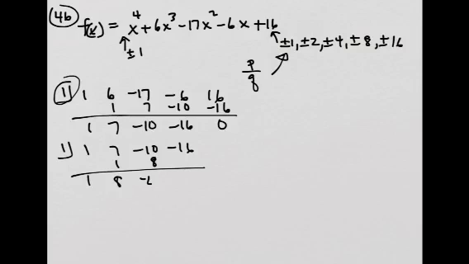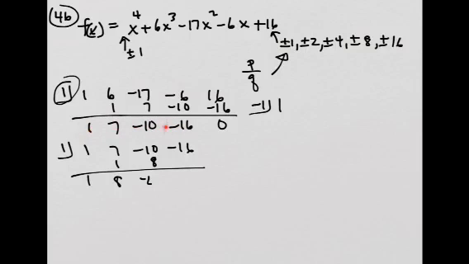Okay, so I could either go to negative 1 or go to positive 2, whichever one. I'll pick negative 1. And notice I'm using these numbers now. I'm not using the original because I'm dividing it and I'm making the polynomial a smaller polynomial as I go through.